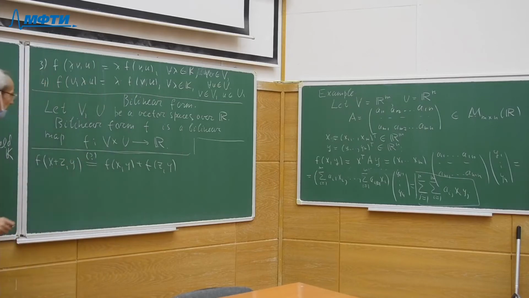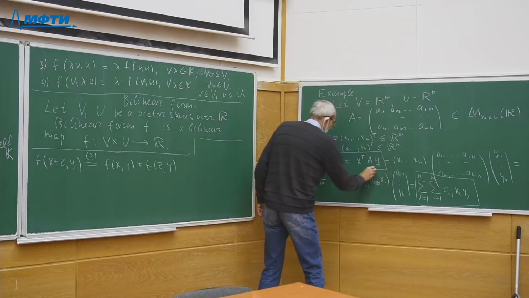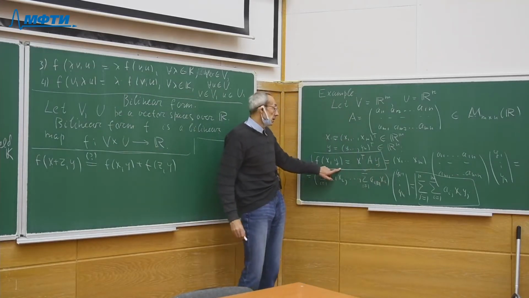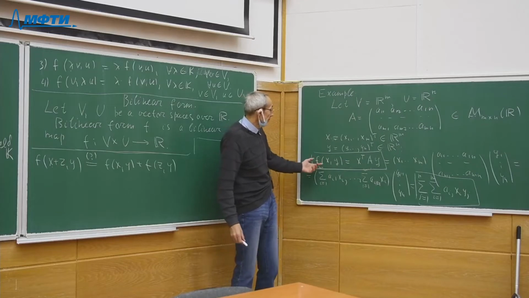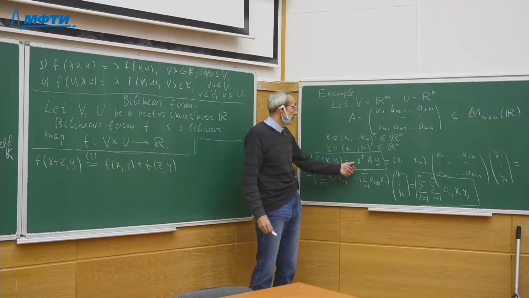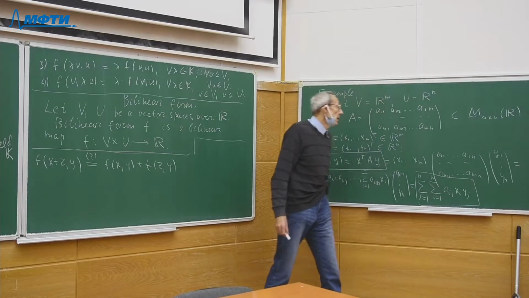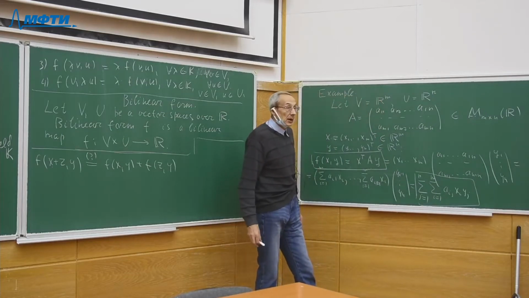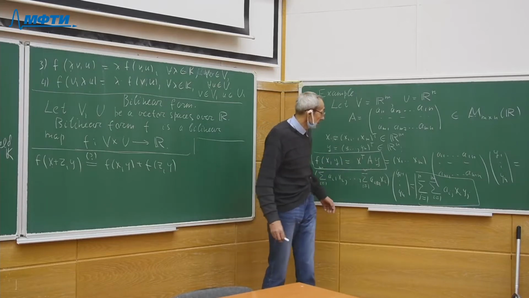How to check this condition? We have the following formula for our map. Easy to see, if we apply this formula to the ordered pair of vectors x and y, using this presentation we obtain a real number, which is the result of such a product.